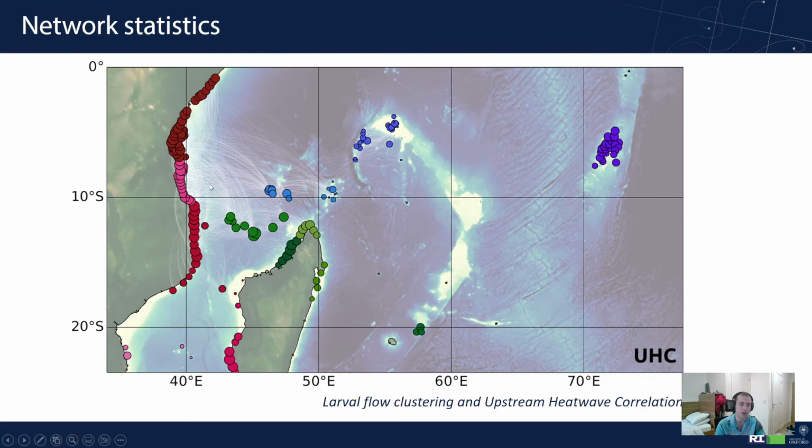I won't go into detail about what exactly this is, but basically this metric represents the number of coral larvae that are coming into a particular site, and it favours coral larvae coming from different temperature regimes, because larvae coming from different temperature regimes might be less likely to be affected by the same marine heat wave affecting a particular site. So just to summarise, there are lots of interesting networky things we can do to look at reef resilience.